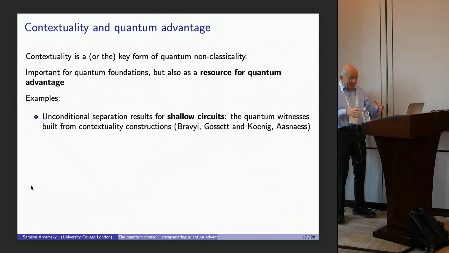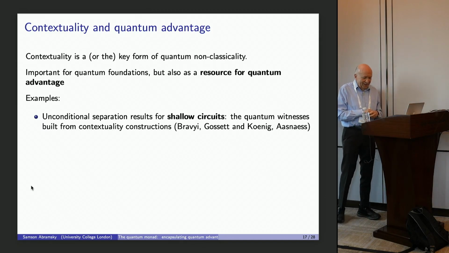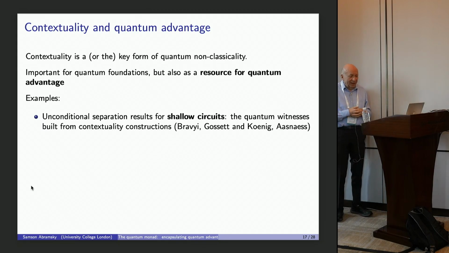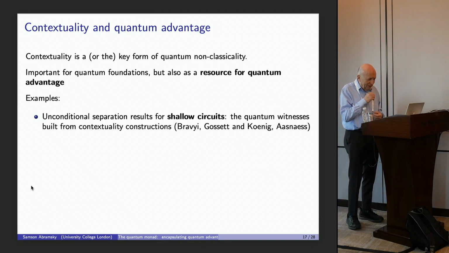And the way that you show that you can get a quantum shallow circuit which provably does better than any classical one of the same depth is by starting from a contextuality construction, maybe a GHZ construction, or indeed a Peres-Mermin square, such as we saw earlier.